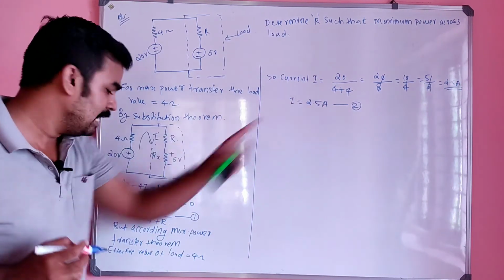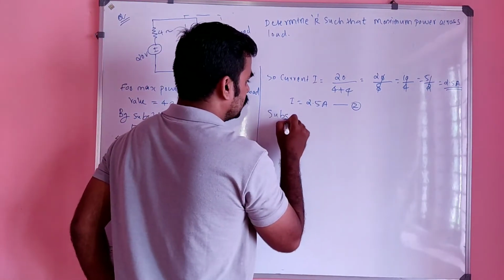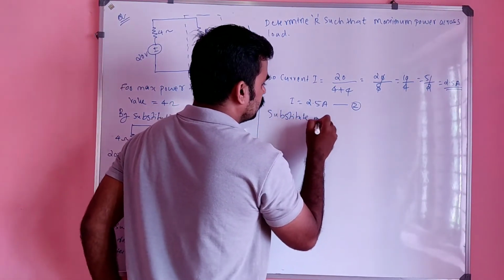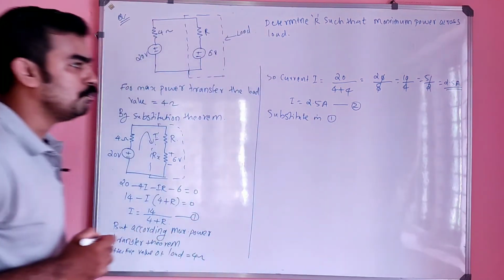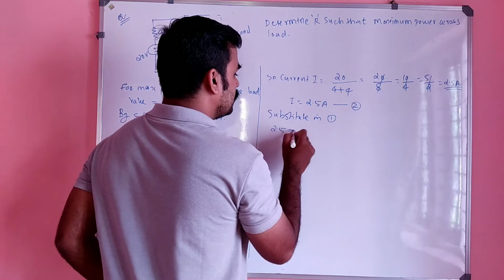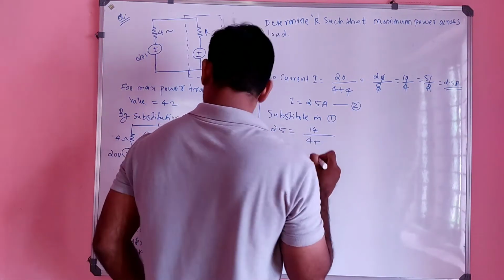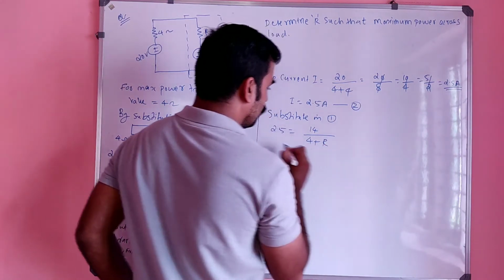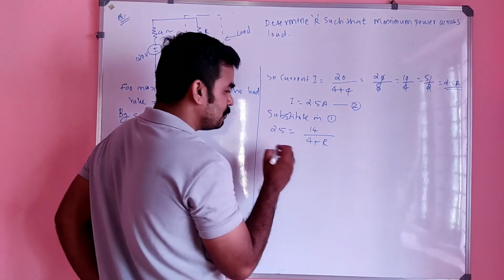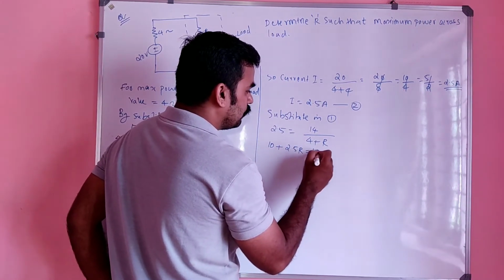Substitute this I value in equation number 1. Substitute in 1, I will get 2.5 will be equal to 14 divided by 4 plus R. Or I can write 2.5 into 4, what is beta? It is 10, right? 10 plus 2.5 into R equal to 14, right?